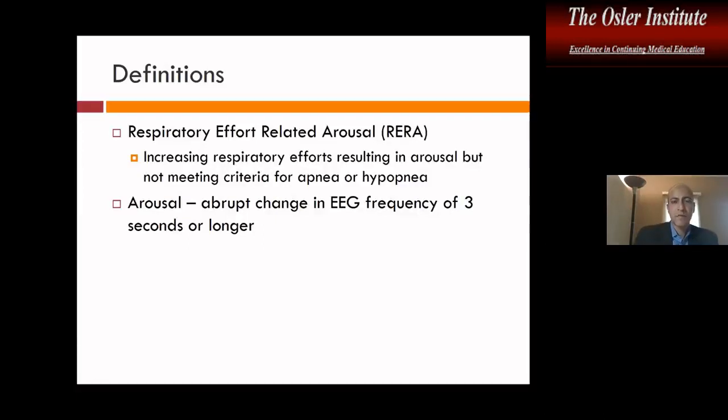A respiratory effort-related arousal, or RERA, is when you have increasing respiratory efforts that result in an arousal, and that does not meet the criteria for apnea or hypopnea.